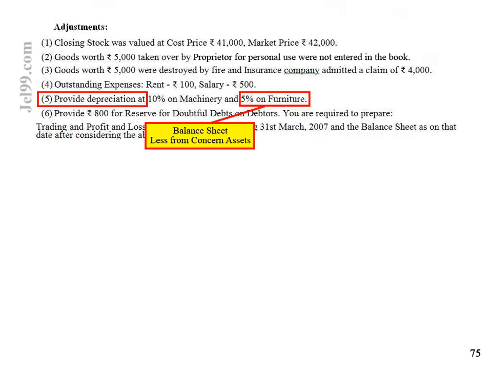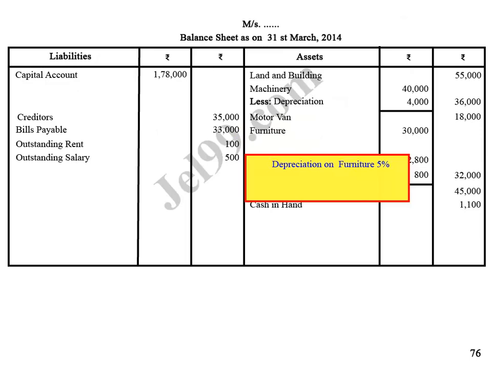Amount of depreciation on furniture is ₹30,000 into rate of depreciation 5%, that is 5 upon 100, for 12 months into 12 upon 12. Zeros cancel, 12 cancel, so 300 into 5 is equal to ₹1,500.